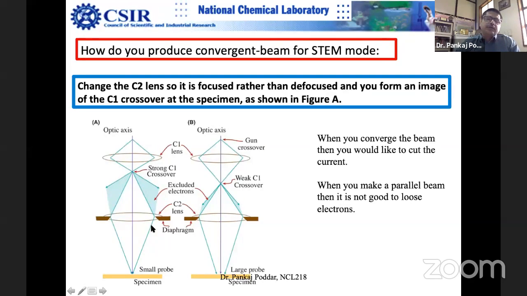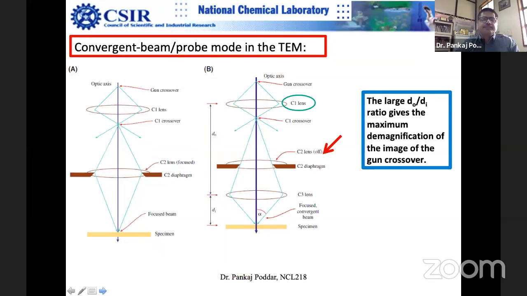But if you are converging, it is better to cut. This shaded area shows that a lot of electron flux is stopped by this metal diaphragm, and only a few of them are able to reach the sample. So these are the settings.